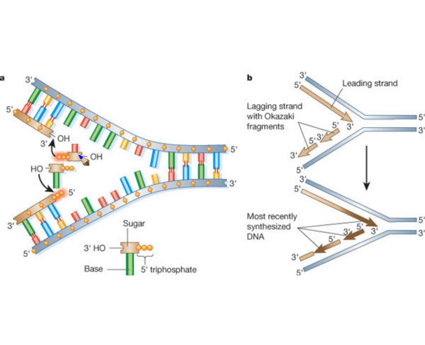So nucleotide triphosphates, nucleotides with 3 phosphates on them, are used because that's the source of energy for the reaction. 2 of those phosphates are released, and the remaining phosphate is covalently bonded onto the exposed OH on the 3' end of the strand.